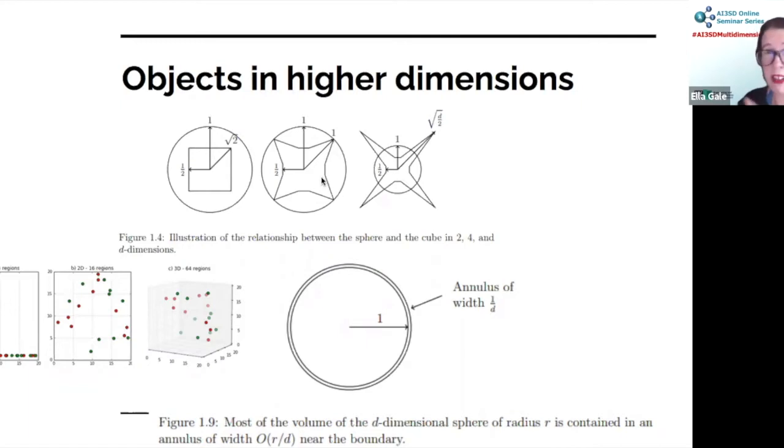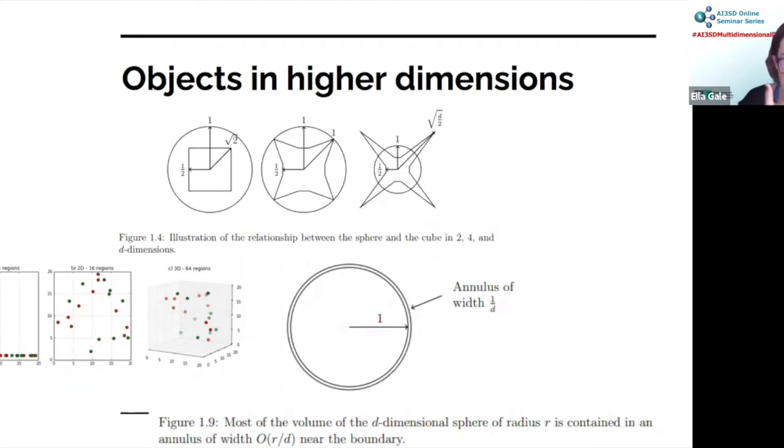In 4 dimensions, the edges of the square, which is now a hypercube, touch the edges of the hypersphere. If you go higher than that, the edges of the hypercube stick out with most of the mass. So if you filled the hypercube with points, with data, most of those data points are outside the sphere. So it's the opposite way around from what we expect from 2 or 3 dimensions.